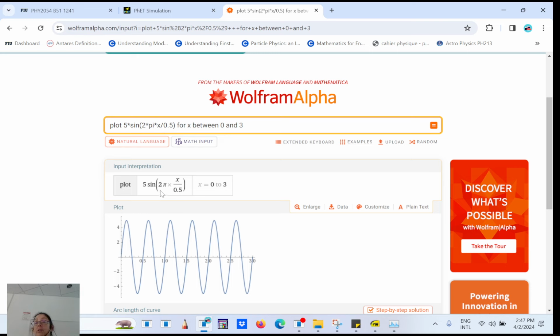So 1 revolution in radians divided by the time it takes, 0.5 seconds. So each time you have a sine function, you always have inside 2 pi divided by the period.